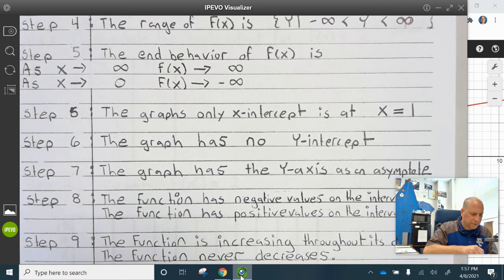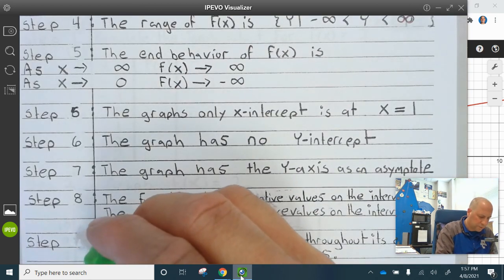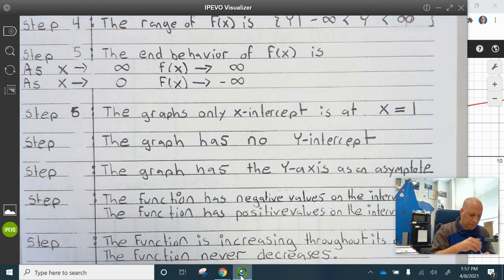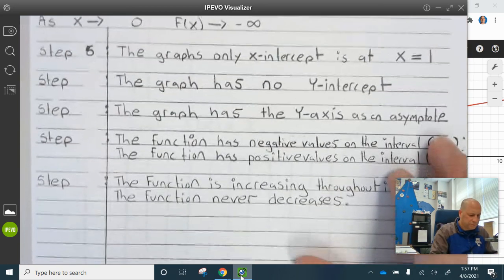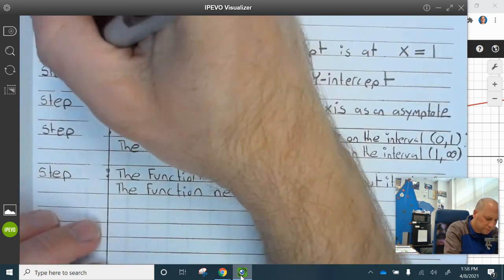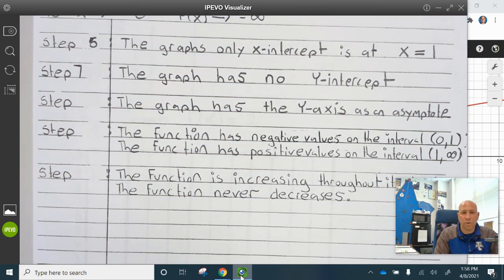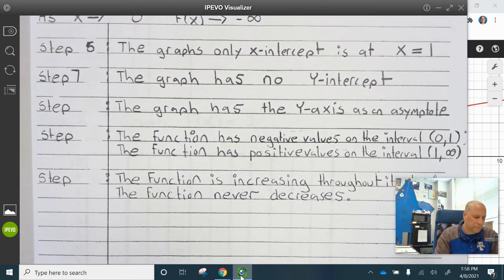And let me fix these steps using good old whiteout. Step 7, the graph has no y-intercept.